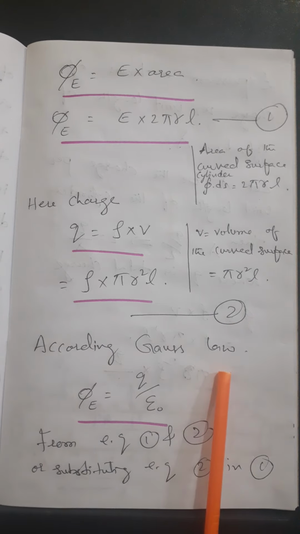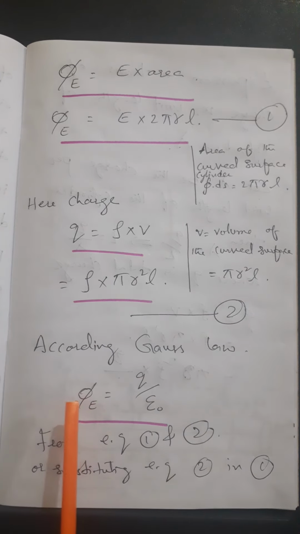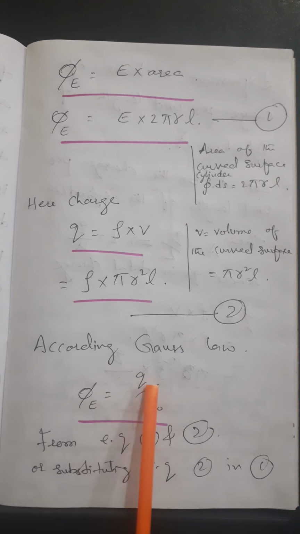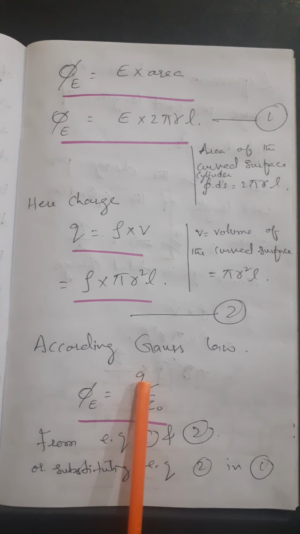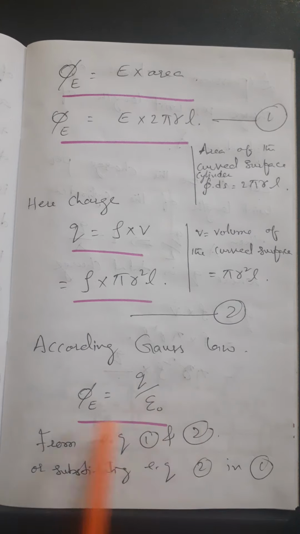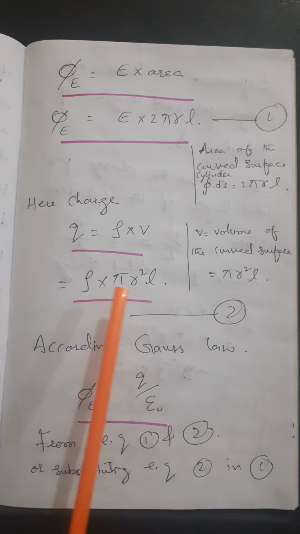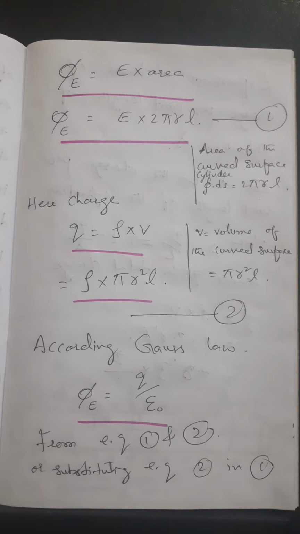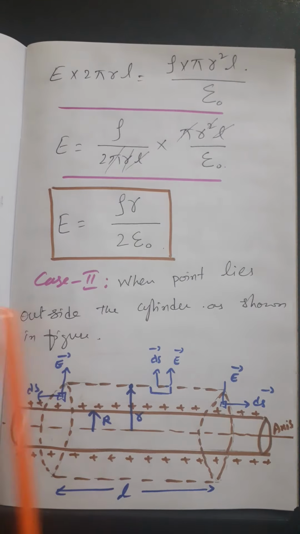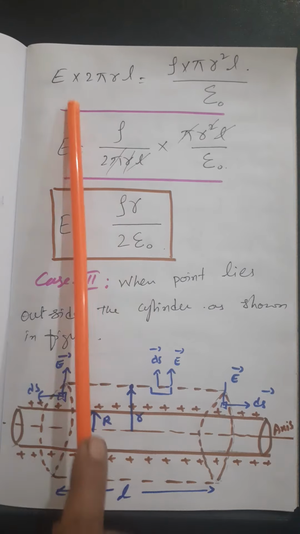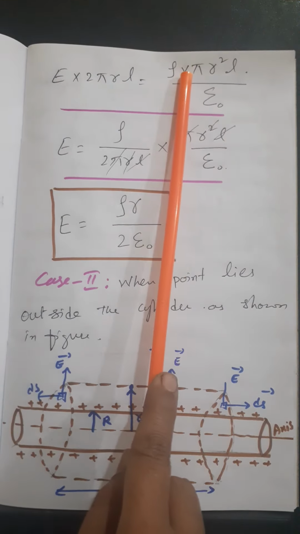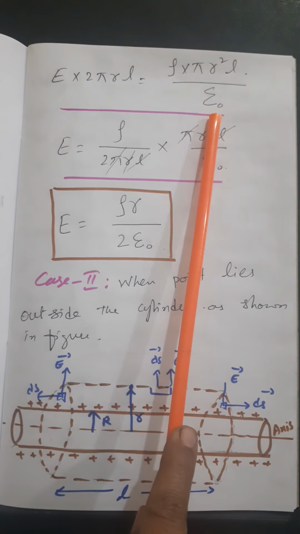Now according to the Gauss law, we know that phi E, the electric flux through a closed surface, is equal to Q by epsilon naught, the charge enclosed by the surface divided by the permittivity constant. So now we substitute equation number 2 in equation number 1. From equations 1 and 2, E into 2 pi RL equals rho into pi R square L by epsilon naught.